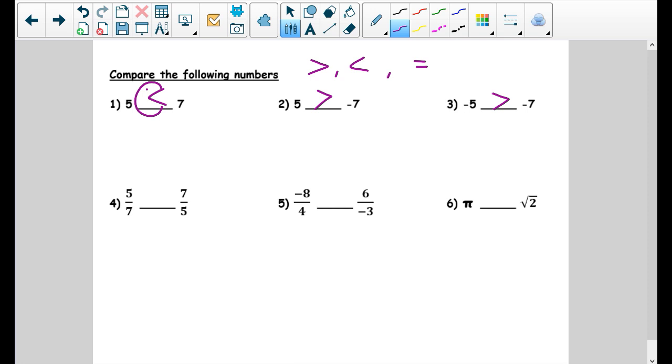Number 4, 5/7 and 7/5. Hopefully this one's pretty easy. 7/5 is bigger, right? This is smaller than 1, that is bigger than 1.